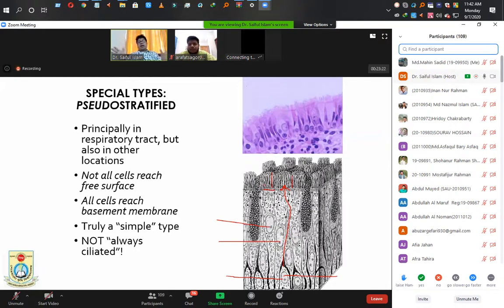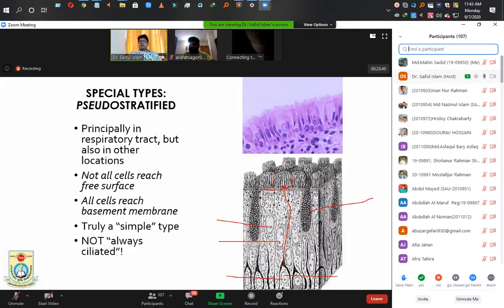Where you find the cilia, I mean in the pseudo-stratified epithelium, definitely they are on the surface. The cell membrane forms cilia, and that's why the name becomes very long: pseudo-stratified ciliated epithelium. Sometimes you can also find some goblet cells among the pseudo-stratified epithelium.